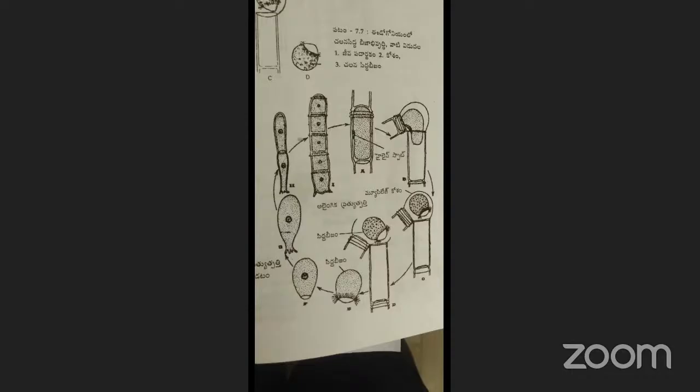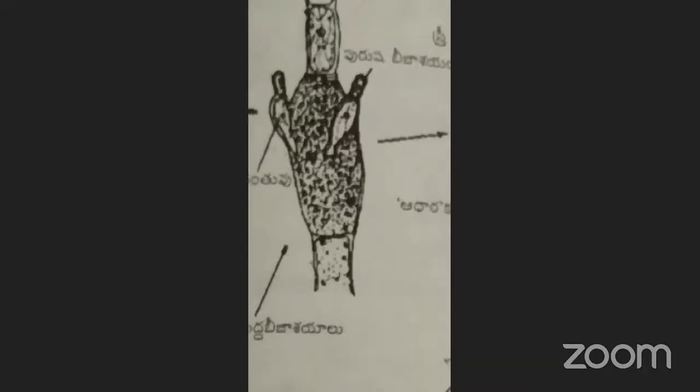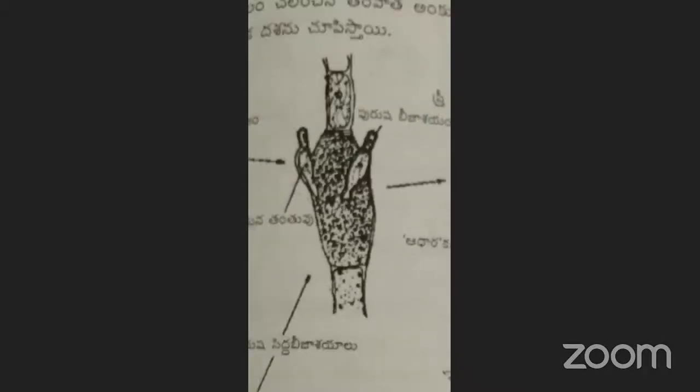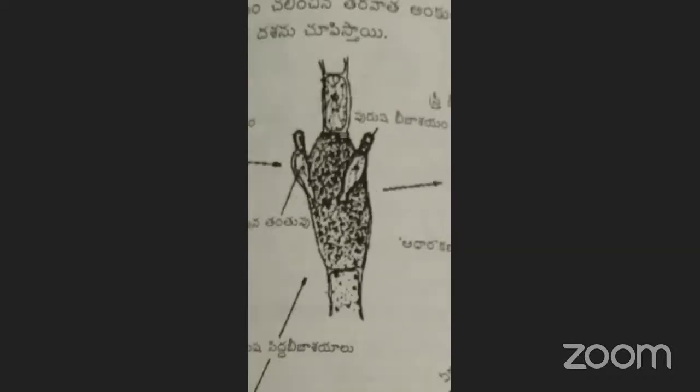Very short in size, which is called a nandrium. Short cells are called nandria. This is the very short structure, that is the nandrium, which is attached to the oogonium, beside and below the oogonium.